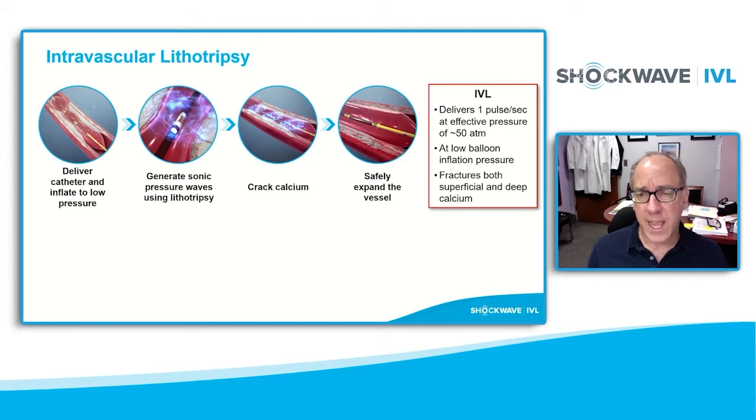inflate it to a relatively small atmospheric pressure. In our lab, we typically use 4 atmospheres. Activate the technology, and the balloon plugs into a very small generator that's about the size of a television cable box that sits at the foot of the table.